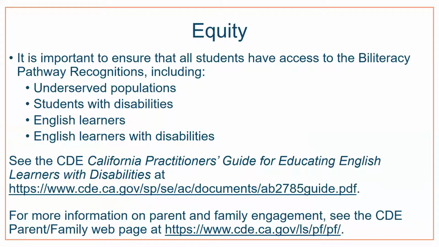It is important to ensure that all students have access to the biliteracy pathway recognitions, including underserved populations and students with disabilities. All students, including English learners, students with disabilities, and English learners with disabilities can benefit from opportunities to develop multilingualism.